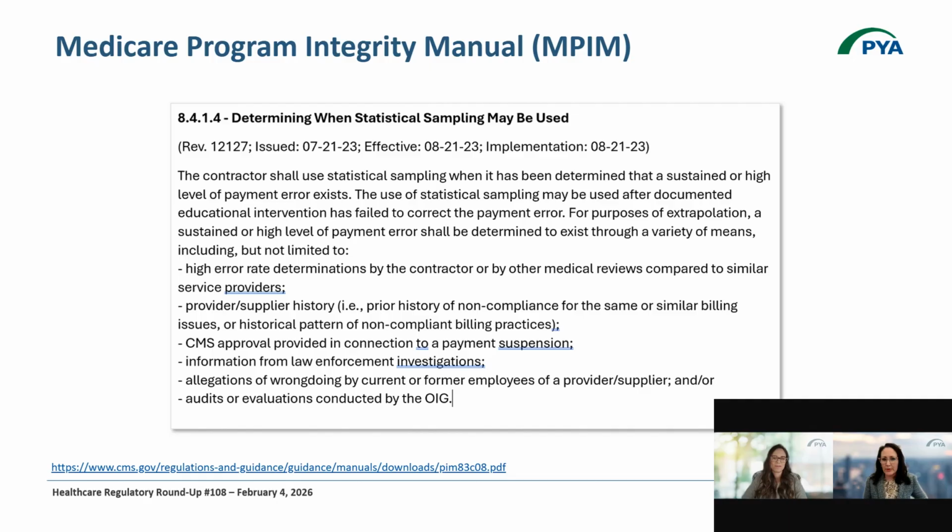So let's talk a little bit about parts of the manual. One of the first things it talks about is, as Kimberly mentioned, having a high and sustained error rate, and then from that, doing education, and if that education does not actually result in a change, then moving forward with a statistical assessment.